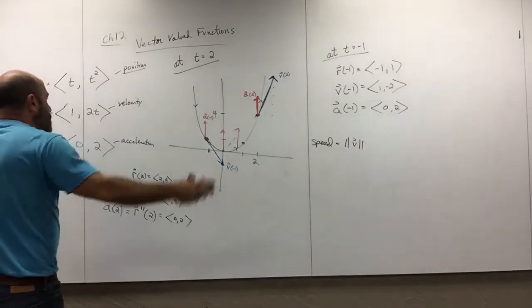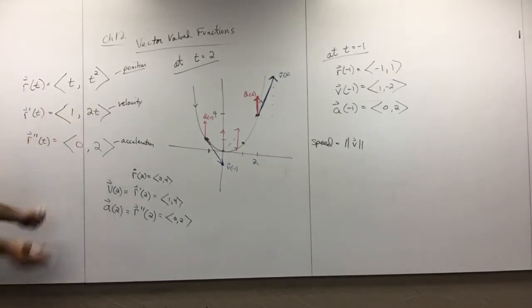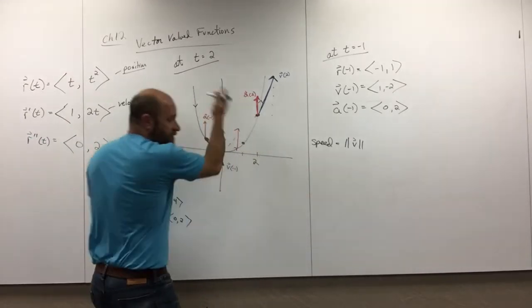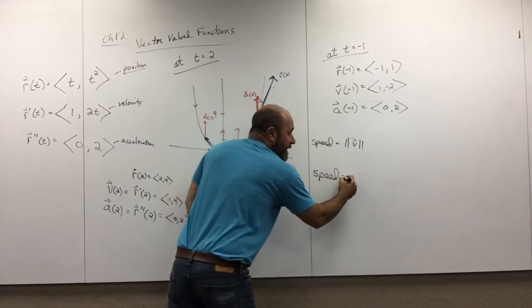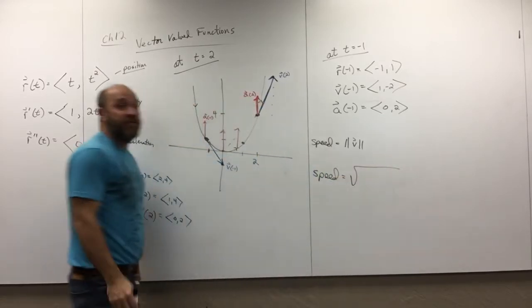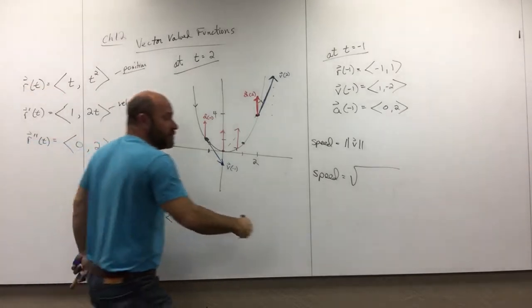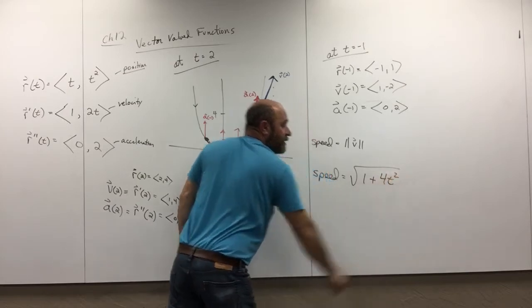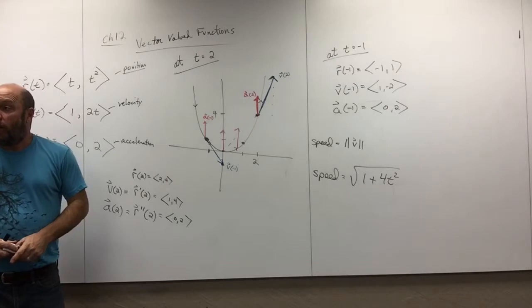So watch this. Can you find the speed in general at any time for this particular curve? Just going to take the magnitude of the velocity. That's right, and I'm going to do the magnitude of the velocity vector in general at any time, which would be the square root of 1 plus, yeah, good. That's the speed at any time.